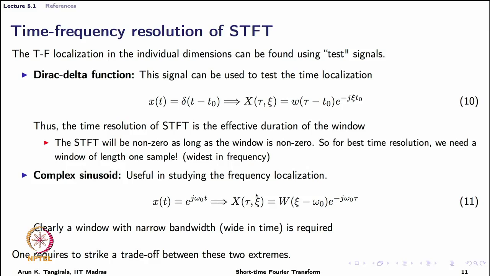In the case of the sine wave, as I just discussed on the board, when I plug in the sine wave into the definition of the short time Fourier transform, I get this expression, x of tau comma z is w of z minus omega naught, where omega naught is the frequency of the sine wave that I am using. So, what does this expression tell me?